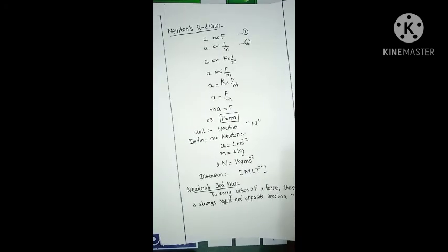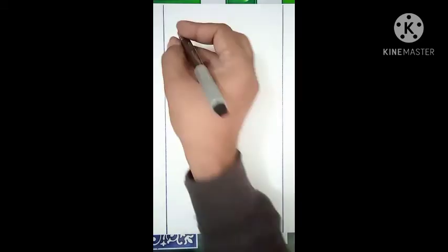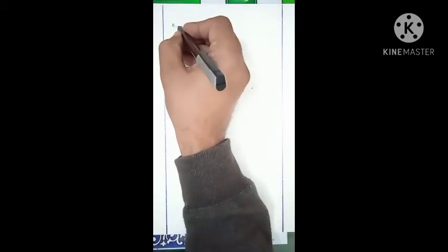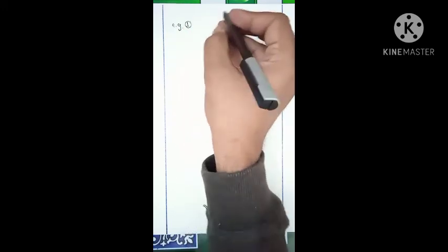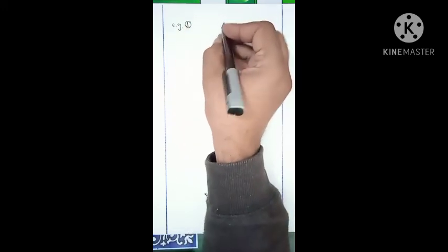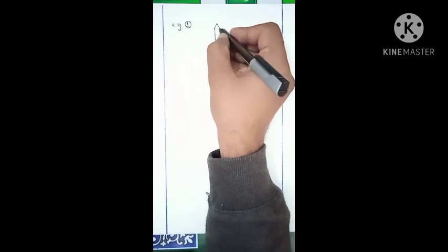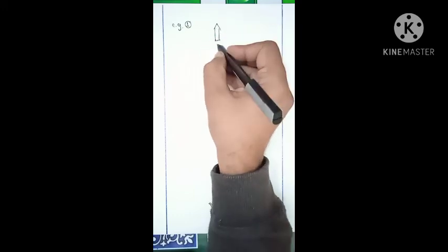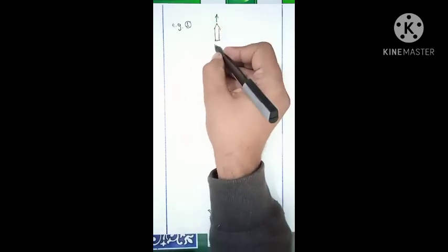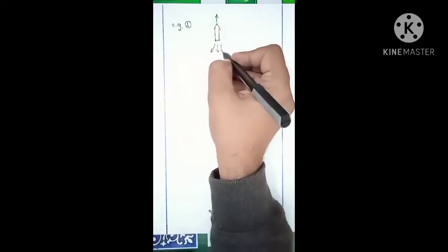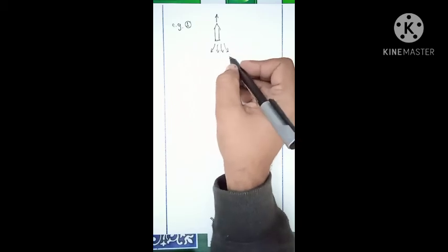So many examples can be taken. Example number 1, propulsion of a rocket. A rocket moves in the upward direction because gases are ejected in the downward direction.